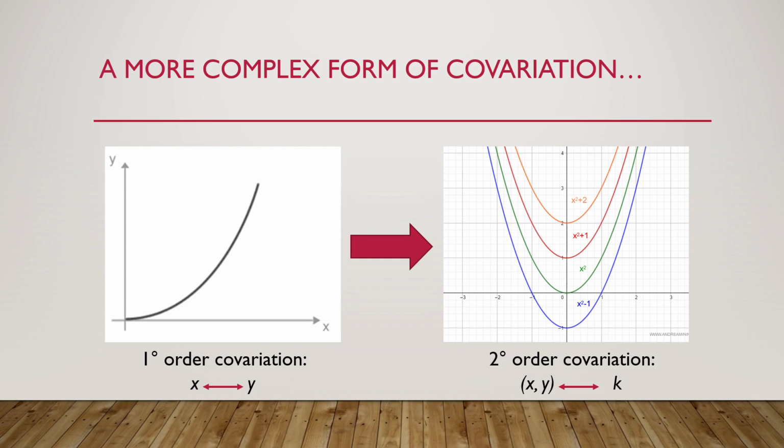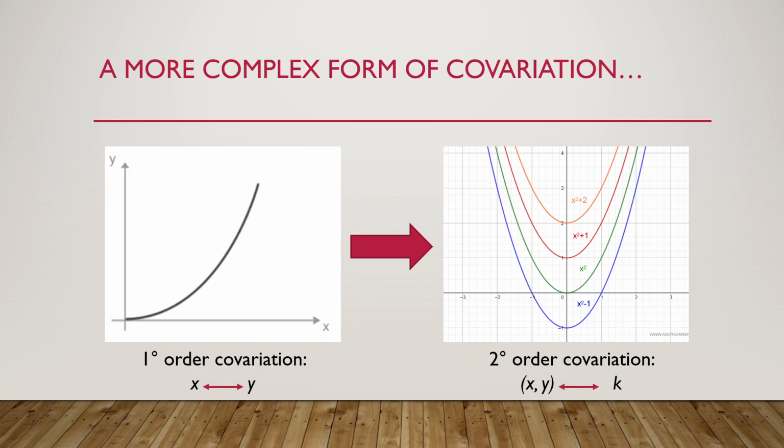Specifically, we are not just asked to covary two variables, what is called first-order covariation, in agreement with Thompson and Carlson's definition, but we are asked to covary a function with a variable, and specifically a parameter, what we call second-order covariation, which means reasoning in terms of families of functions.